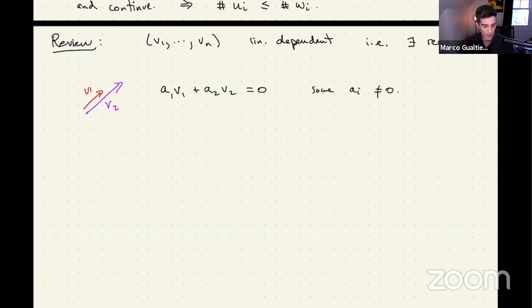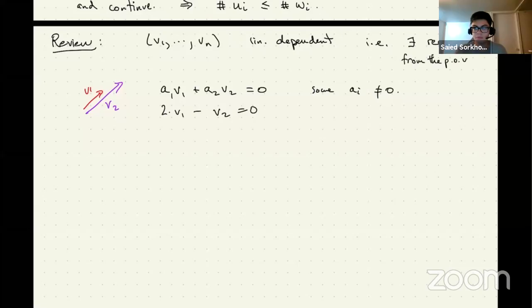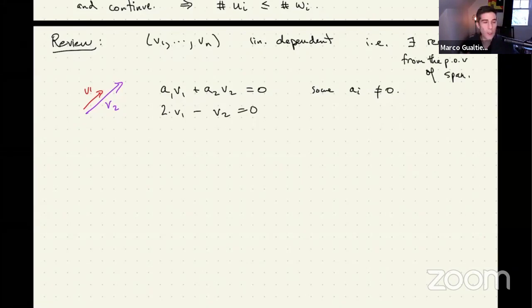In this case, I would just have v_2 equal to 2 times v_1, or in other words, 2 times v_1 minus v_2 is equal to 0. This would be an example of a redundancy, telling you that the vectors are not all necessary in order to describe the span. You don't need all the vectors in order to span the space that they span. That's what I mean by redundancy.